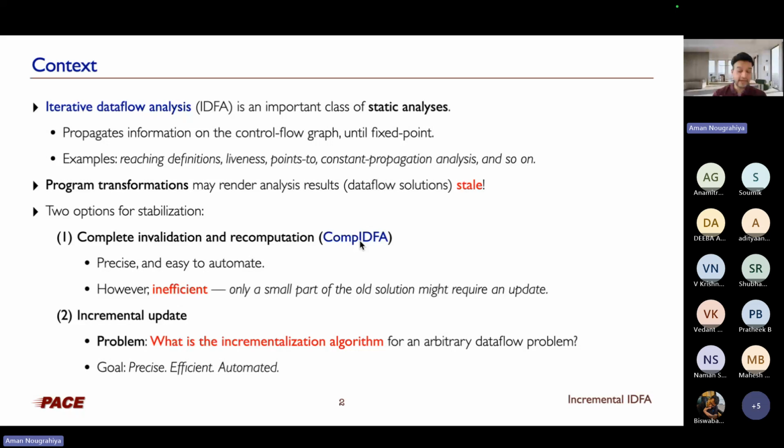The second approach, on the other hand, is an ideal case scenario where we would want to have a precise, efficient, and automated scheme. But the issue is we do not know what the incrementalization algorithm is for any arbitrary new data flow problem.